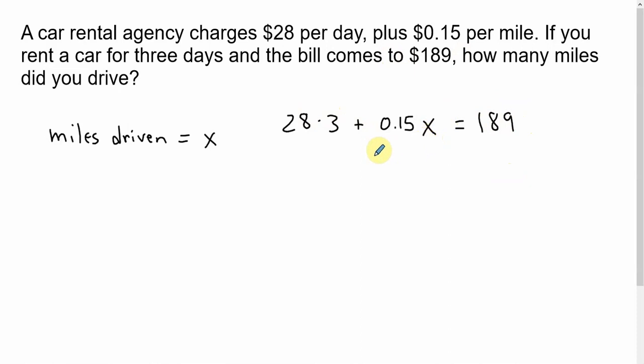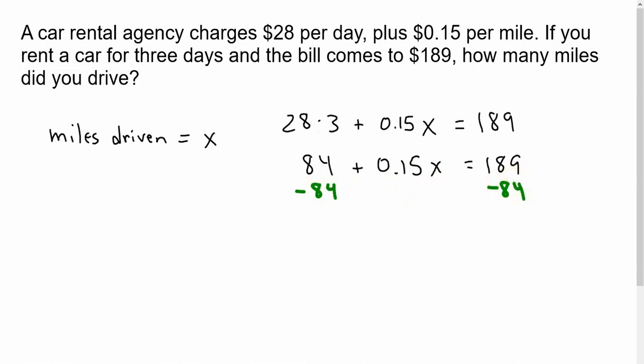Okay, so first we will simplify. Of course, 189 is as simple as it gets. 28 times 3 is 84. All right, I think the left-hand side is as simple as it can get. So now we start working the algebra down.